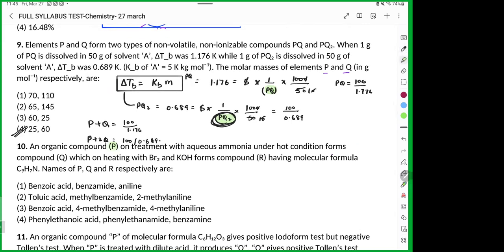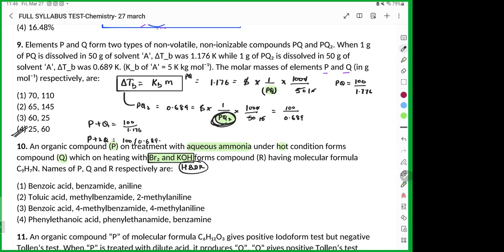Organic compound P is treated with aqueous ammonia in hot condition to form compound Q, which on heating with bromine and KOH gives R. Whenever you see bromine and KOH, always remember Hoffmann bromamide degradation reaction.